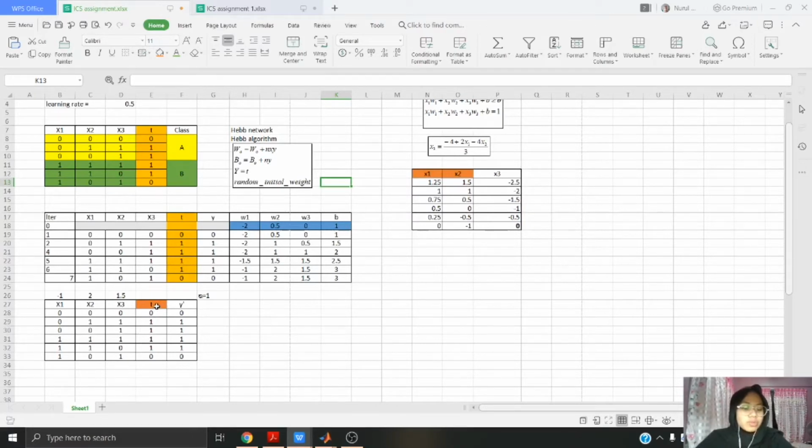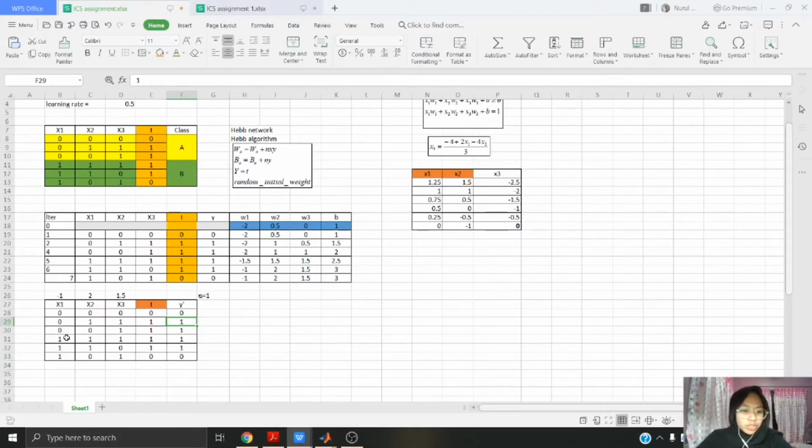So 0 means not fired and 1 is fired. So here, when the value is more than theta 1, it will fire. In this case we have 3.5, which is more than 1. Therefore y prime is 1, which indicates that the value of t is correct. Same goes for the other data.